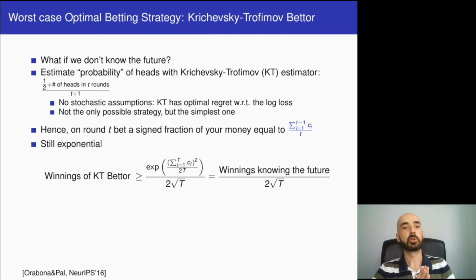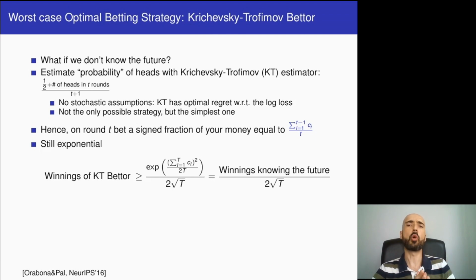And now you don't have to do anything. You don't have to assume that you know stuff. You don't have to tune any parameter in the algorithm. Everything is completely automatic. And the only price that you pay is this 2 times square root of T. That is polynomial with respect to an exponential amount of money that you make. So basically you pay nothing for it.